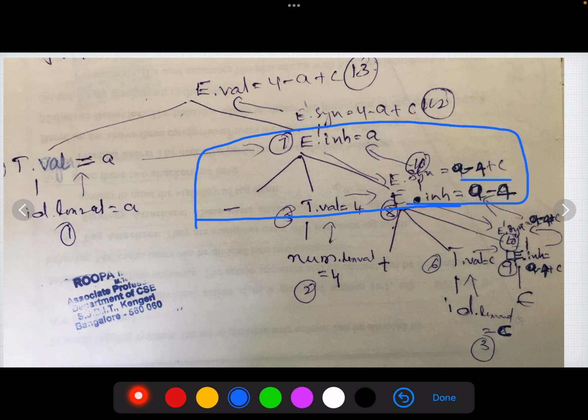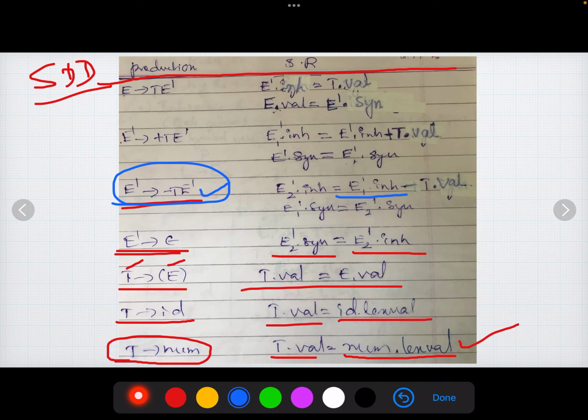You are computing the value, that is the inherited value, and this synthesized value is moving up. So this value is moving up. Therefore only two actions: compute the value with subtraction, and the synthesized value moves up.